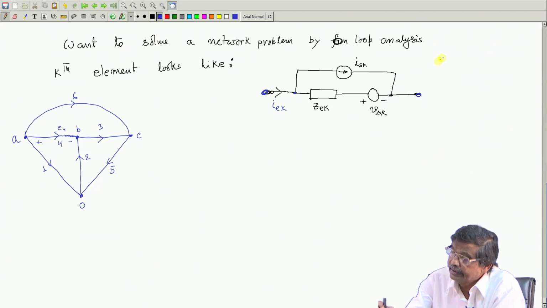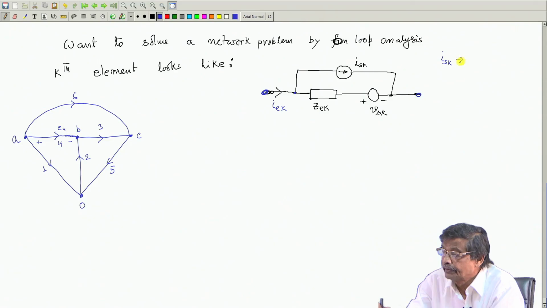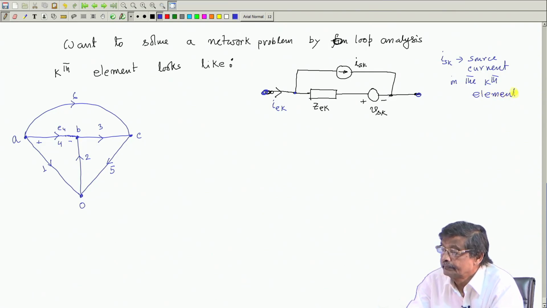What is ISK? ISK is a source current in the kth branch, in the kth element. What is VSK?